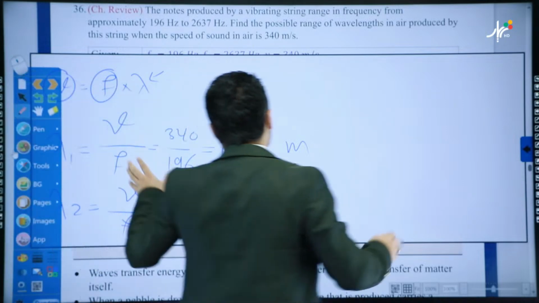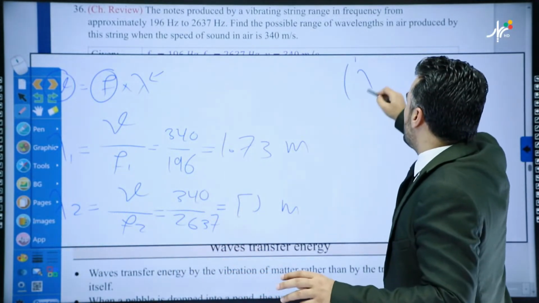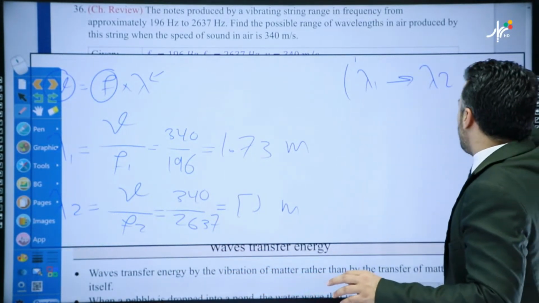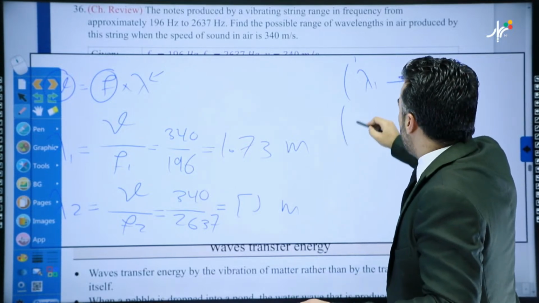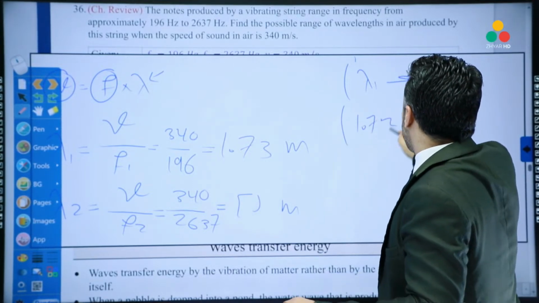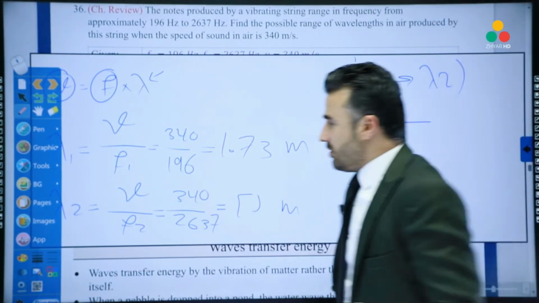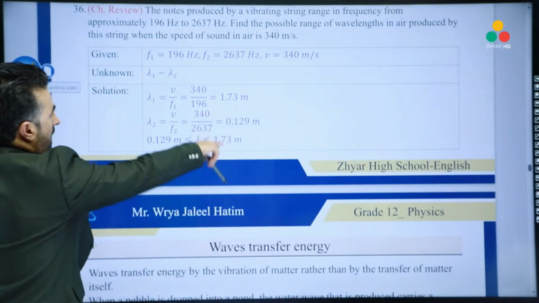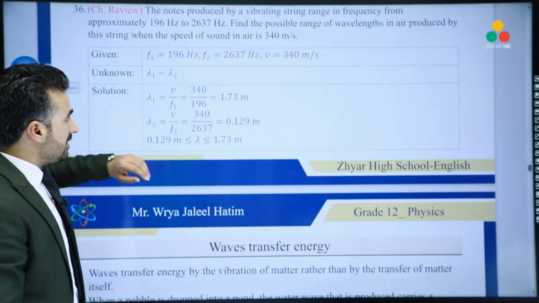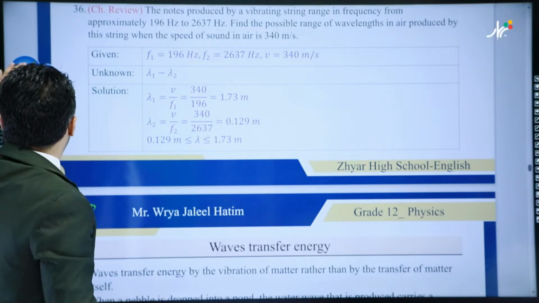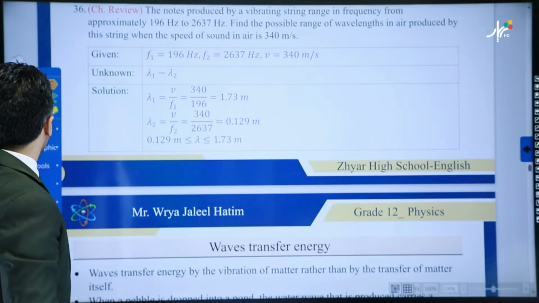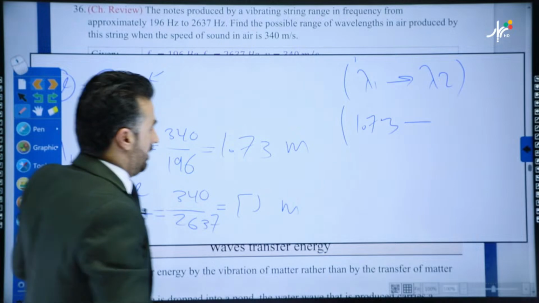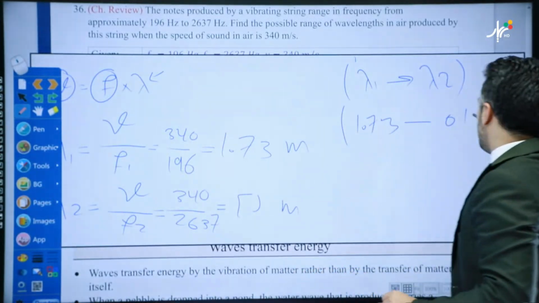By the way, this range of wavelength is going to be from wavelength 1 to wavelength 2. Wavelength 1 was 1.73, and the other one is 0.129.